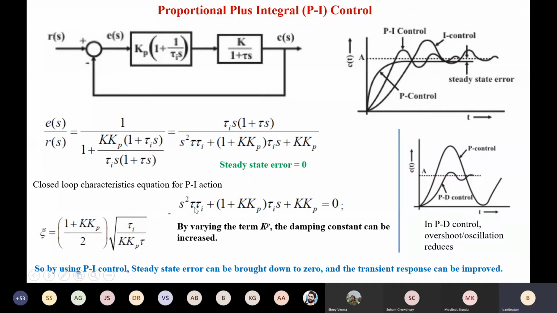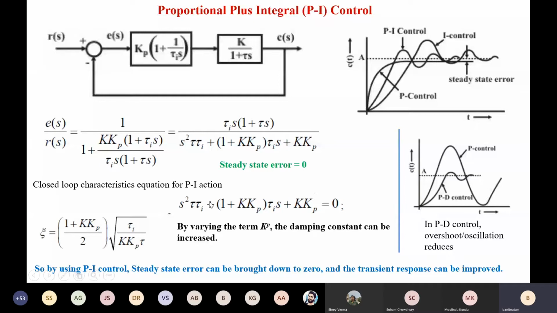You remember that while discussing first order and second order systems, we told that in a second order system, the damping factor and the natural frequency are two very important parameters. Depending on the damping factor zeta value, you can have underdamped, overdamped, critically damped, undamped responses, which we have shown in the graph, right?